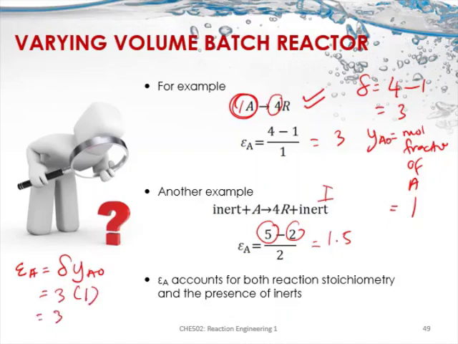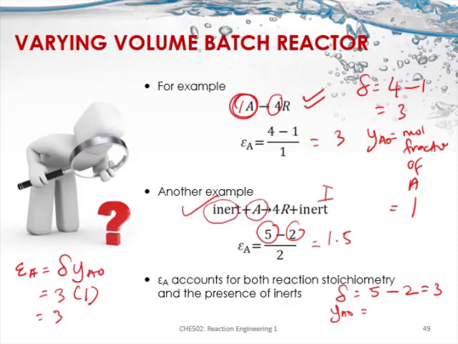Similarly, let's look at the inert. For this example, delta will be 5 product minus reactant 2, so it's 3. Now look at YA naught, the mole fraction. Since no information is given, you have 1 mole here and 1 mole here, because it is not stated.